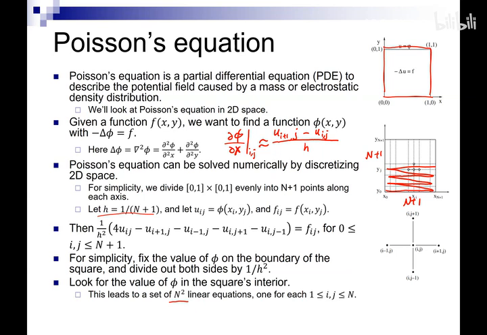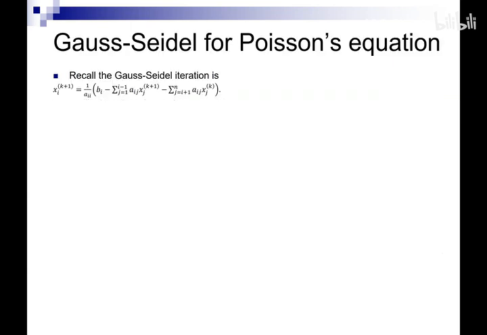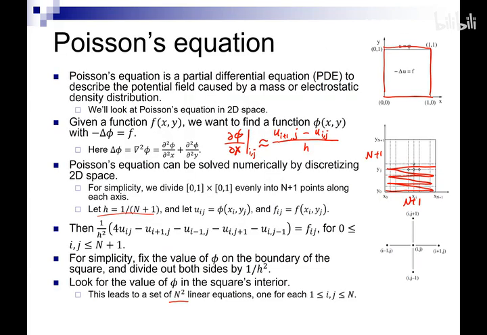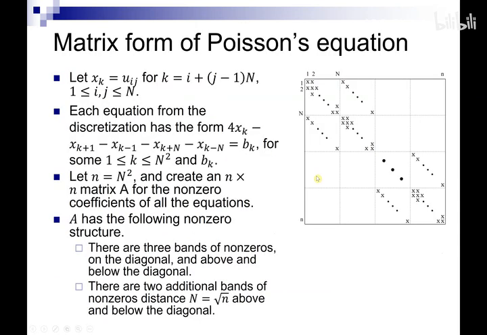So in general, point u_ij over here is going to get converted to this index k, where k is going to be equal to the row plus the column times n.